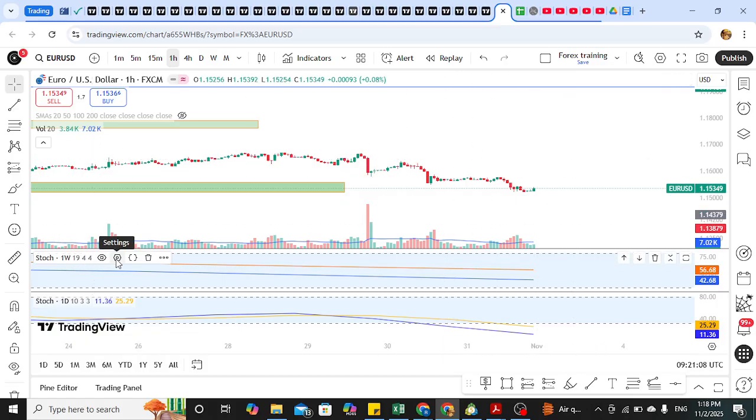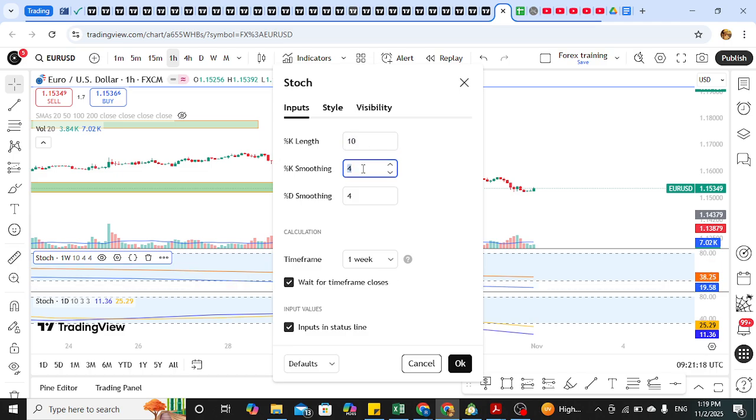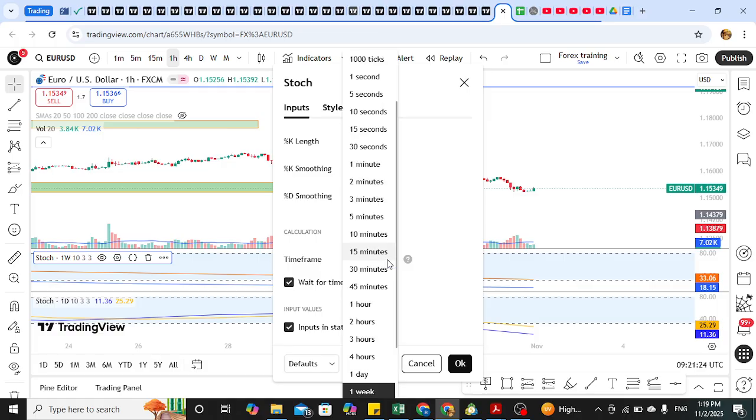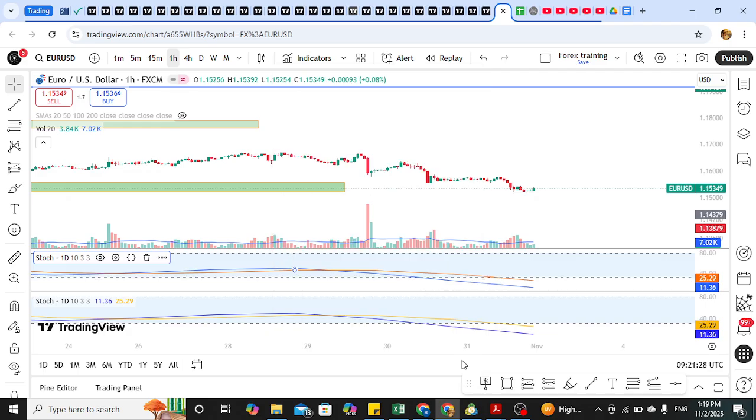Let's change this into the daily and I will show you what will happen and how the stochastic will look like. So this will be the daily. Okay.